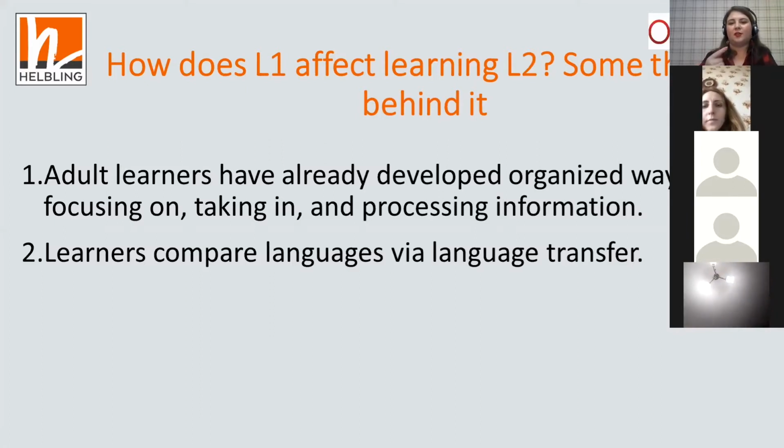Language transfer happens in the way that adult learners anyway filter all the new knowledge through our background knowledge, background experience, and also our background learning experience. That means that we cannot actually avoid it. It will happen anyway, whether we want it or not.